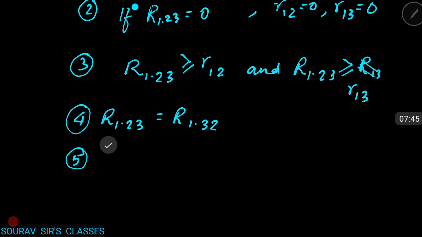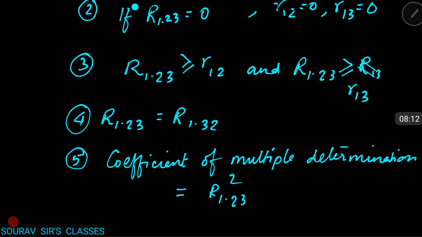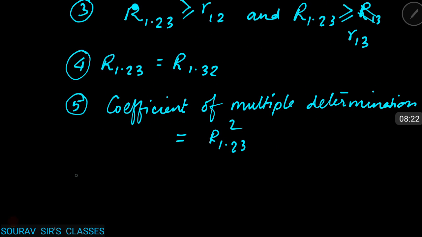Number 5: by squaring R1.23, we get the coefficient of multiple determination. So, the coefficient of multiple determination is equal to R1.23 square.